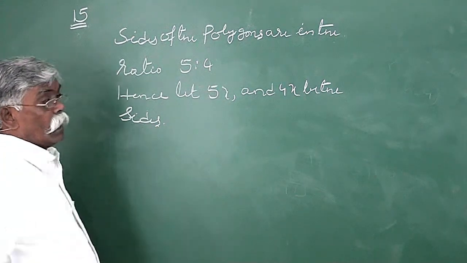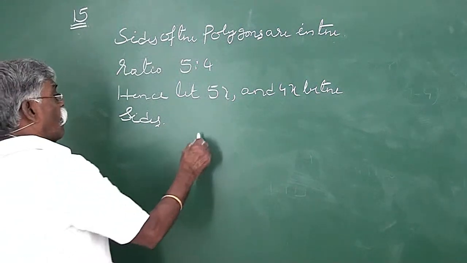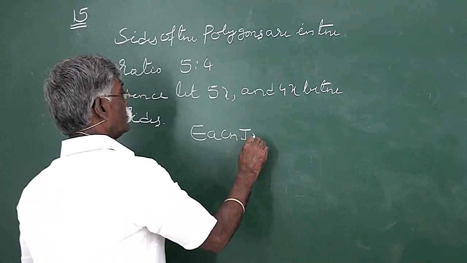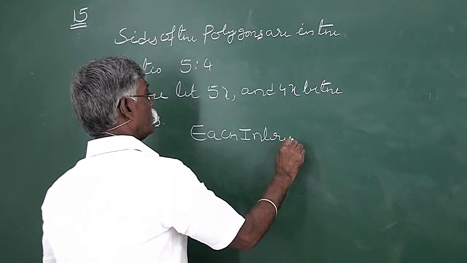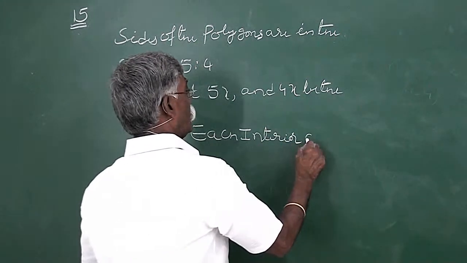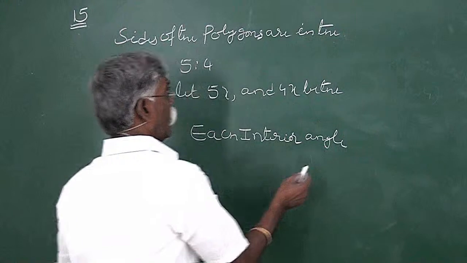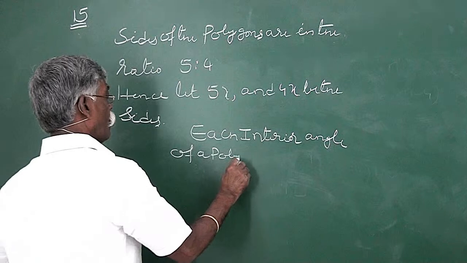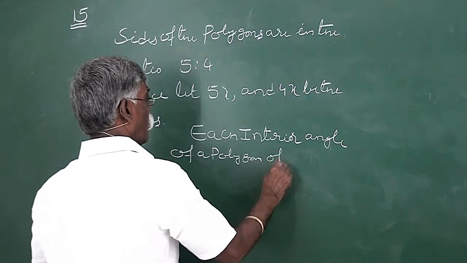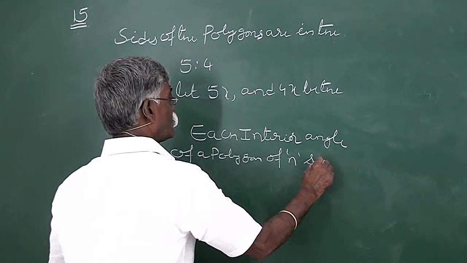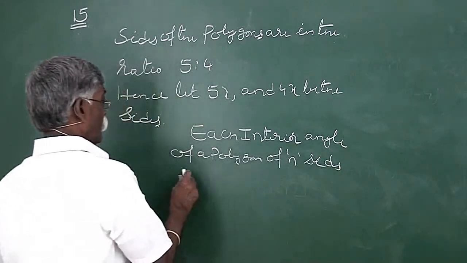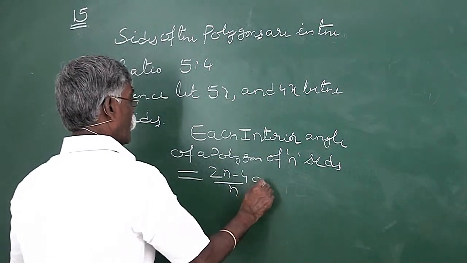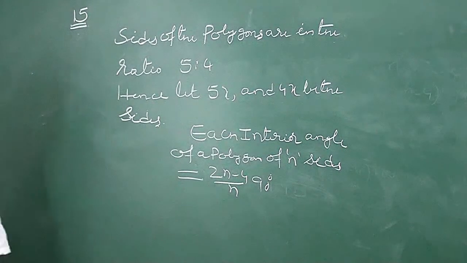Now, each interior angle of a polygon of n sides is (2n minus 4) by n into 90 degrees.